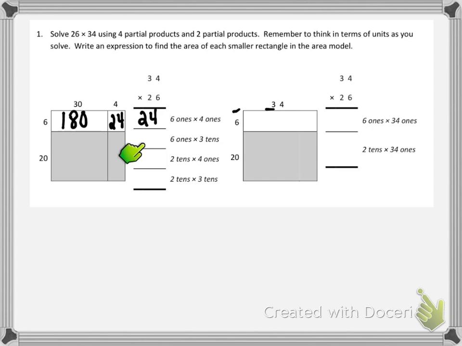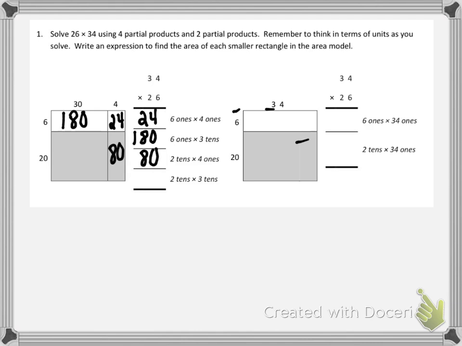And the next one, we go from 20 to 4, 2 tens times 4 ones. And I forgot to put 180. Make sure we're lining them up. And if we do 2 tens by 4 ones, we get 80. So I'm going to put an 80 here and be sure to line up your places.